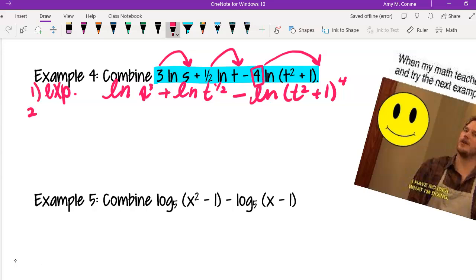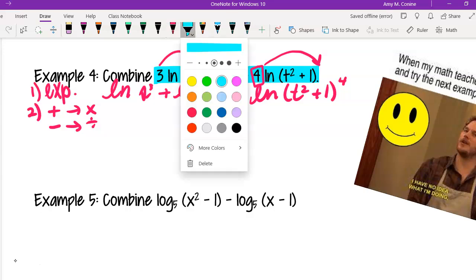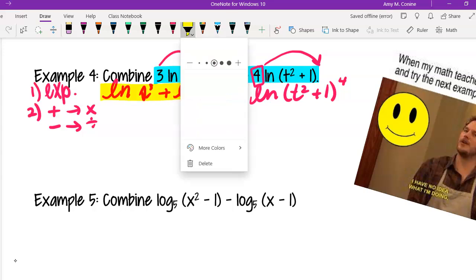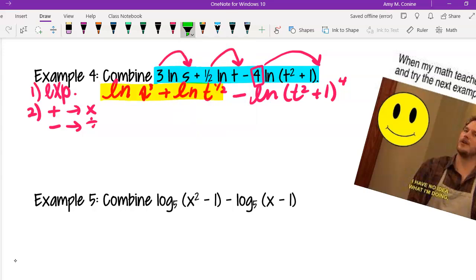Now we're going to look for any addition and subtraction that we can convert to multiplication and division. We actually have both here. The first group is being added, so that means we can multiply them together. And then this last group is being subtracted. Remember, whatever is after the subtraction symbol goes in the bottom of your fraction.